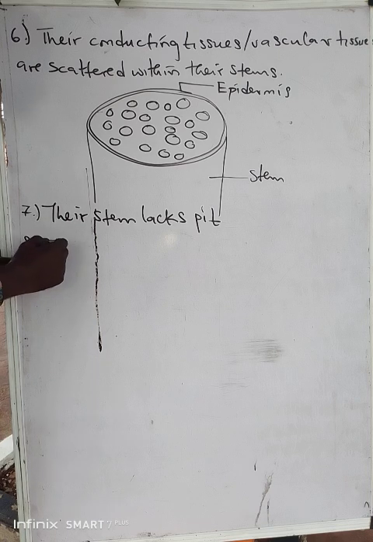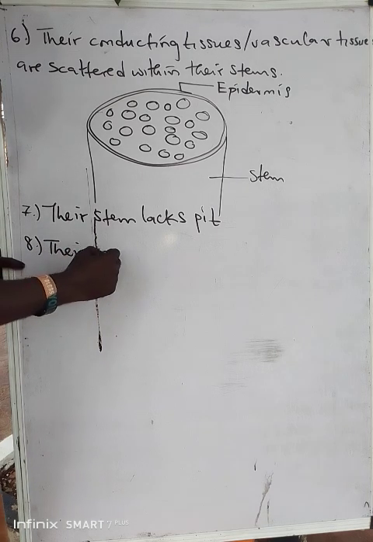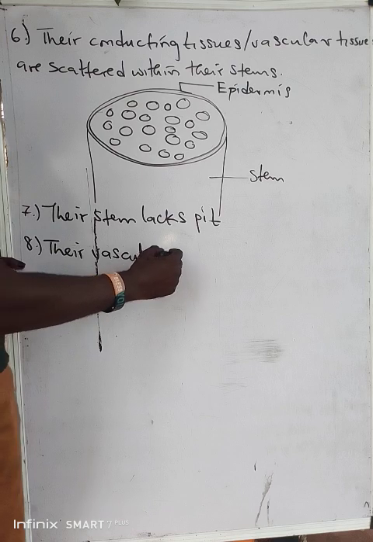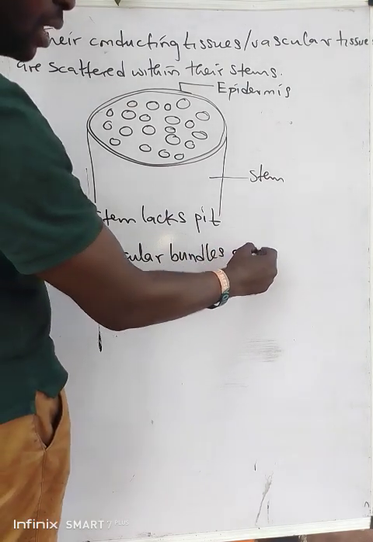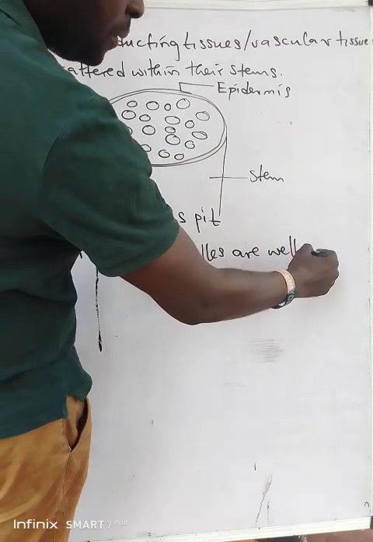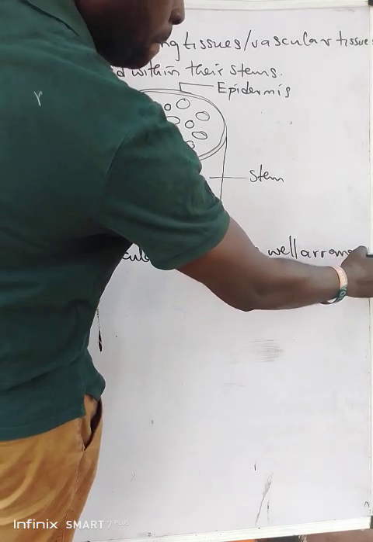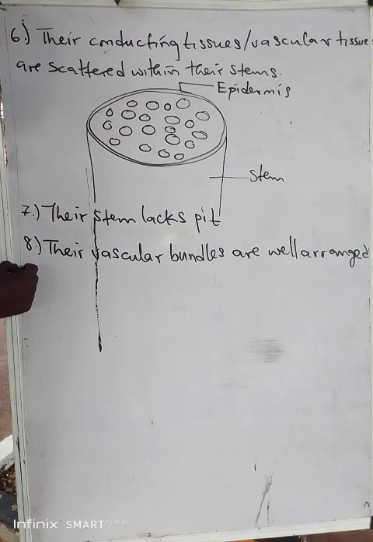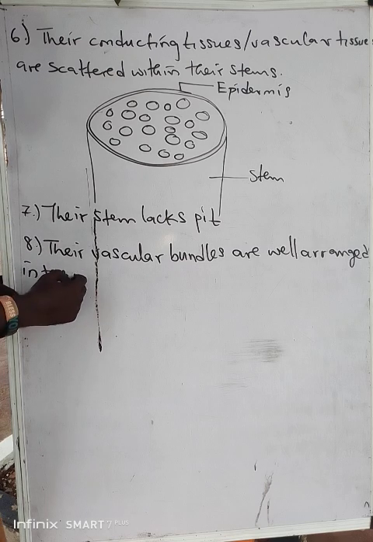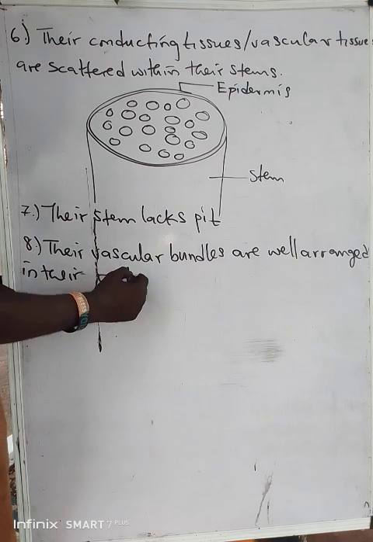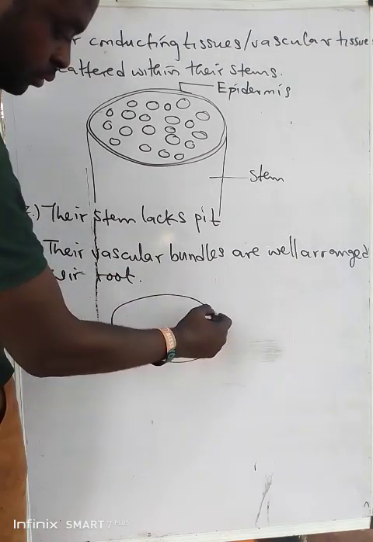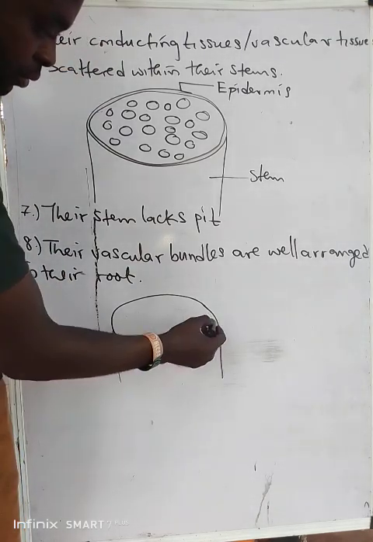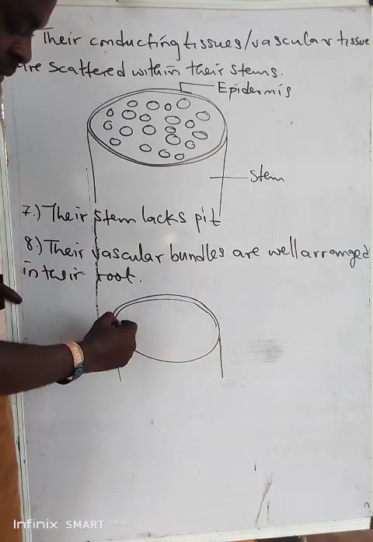Their vascular bundles are well arranged in their root. Let's say this is the root of a monocot that they cut. So we have something like this.